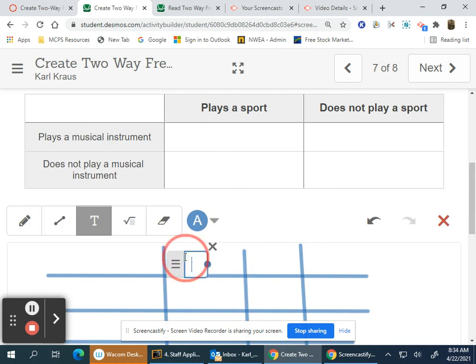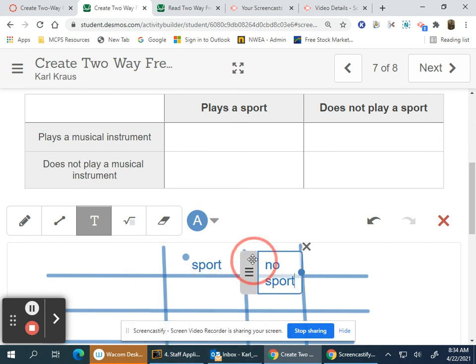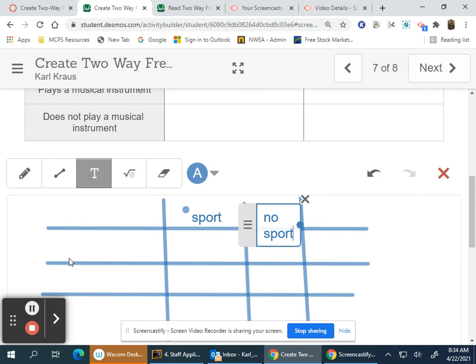I'm just going to abbreviate this as sport. No sport. And instrument, no instrument.